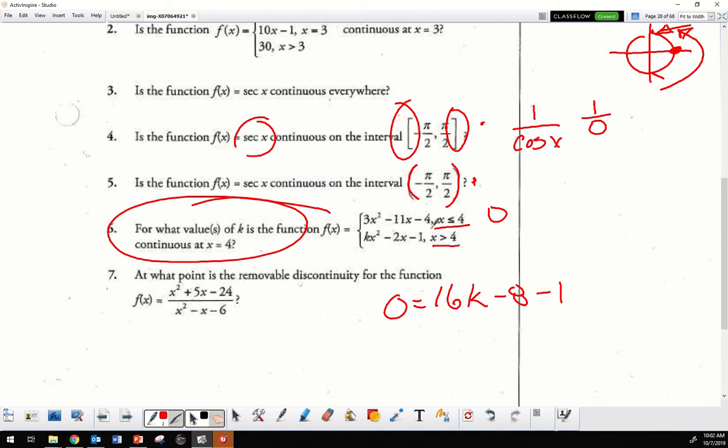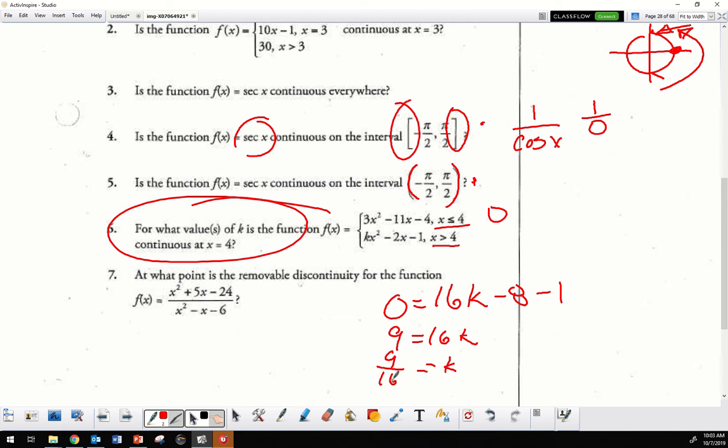As the top goes to 4, it's going to 0. But as the right goes to 4, I'm setting it equal to 0 because that's what it has to become. So this is negative 9, and then positive 9. So 9 equals 16k, so k equals 9 over 16. So we found the value for k for this to become 0.